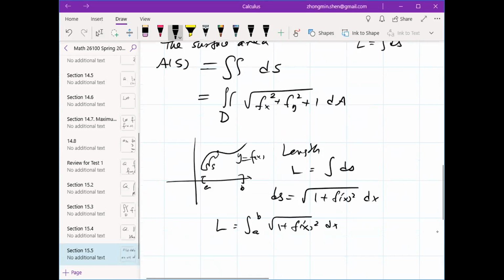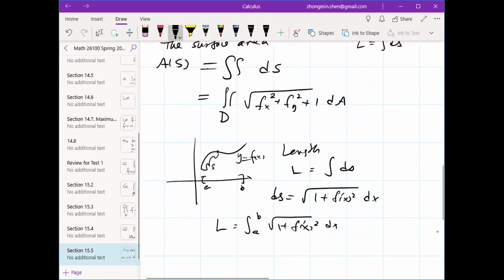Because you have two variables, you have the partial derivative of f with respect to x squared, plus the partial derivative of f with respect to y squared, and here's one.